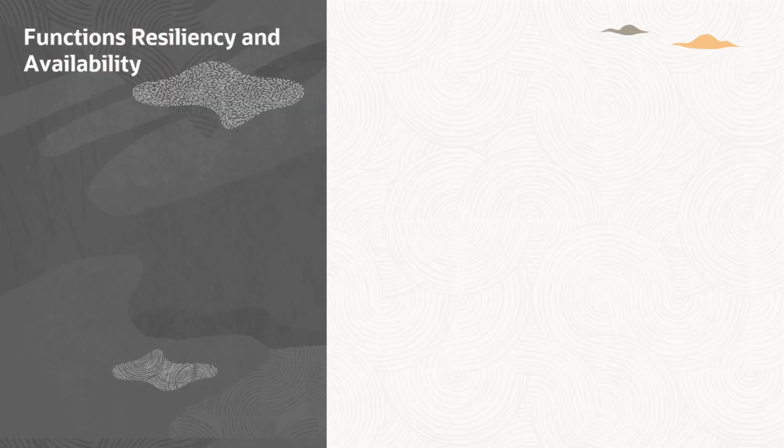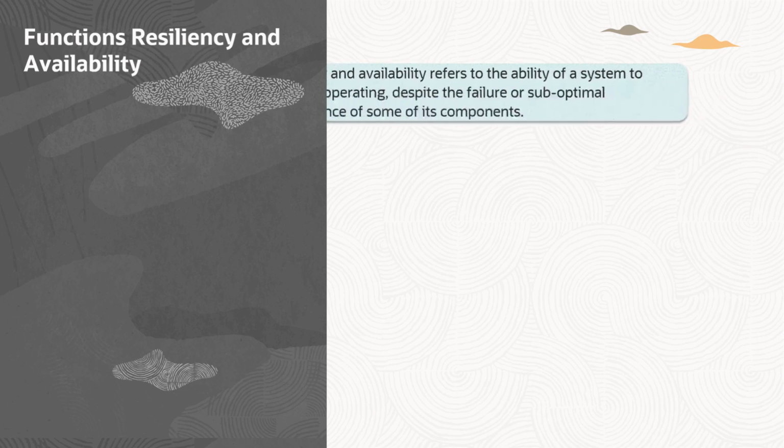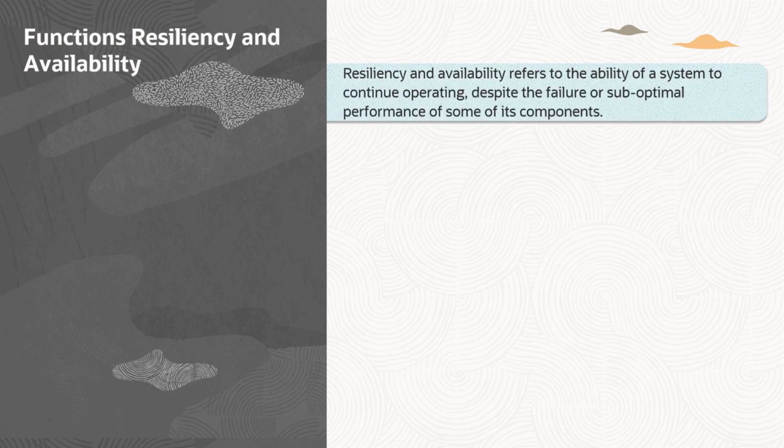Resiliency and availability are paramount in ensuring the uninterrupted operation of systems even in the face of failures or degraded performance. In the context of OCI functions, resiliency refers to a system's capability to withstand disruptions, while availability signifies its ability to remain accessible to users.